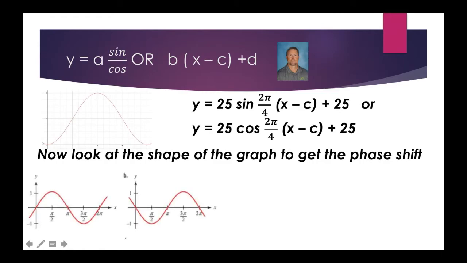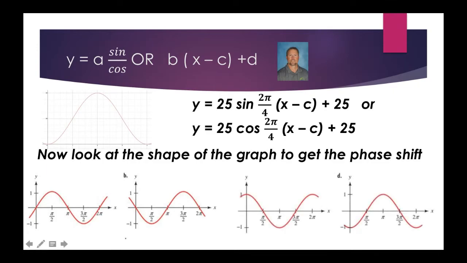Remember, there are two types of sine graphs. There's a regular sine graph, sine go up, sine go down. And there is a negative sine graph. The negative sine graph starts in the middle of your graph and it goes down. Well, then you also have cosine graphs. Cosines start at the top, and you have a negative cosine.